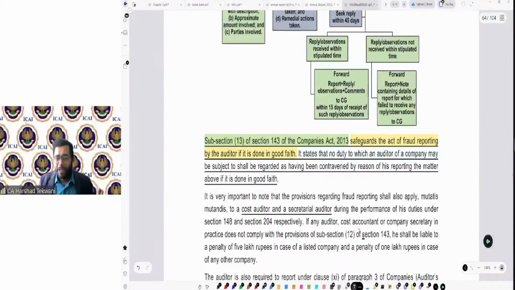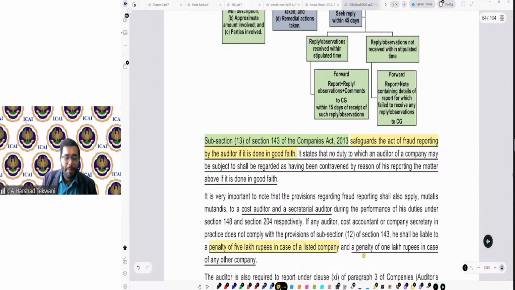So section 143(12) is applicable to cost auditor and secretarial auditor. If the auditor, cost auditor or secretarial auditor fails to report the matter, then there is a penalty of rupees 5 lakhs in case of a listed company, and in case of any other company, a penalty of rupees 1 lakh. So failure to report a fraud carries a penalty of 5 lakhs in case of a listed company, and rupees 1 lakh in case of any other company.